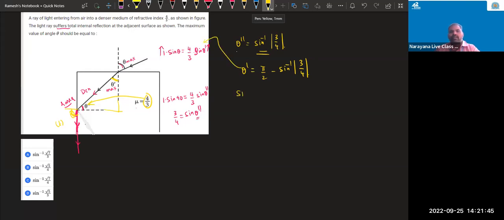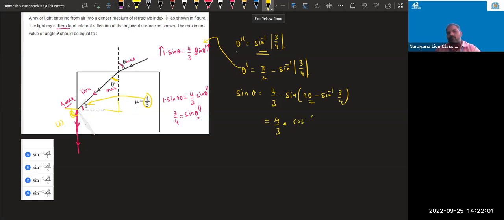Then substitute the theta prime value nicely here. What will we get? Sin theta equal to 4/3 into sin of 90 minus sin inverse of 3/4. Sin of 90 minus means what?